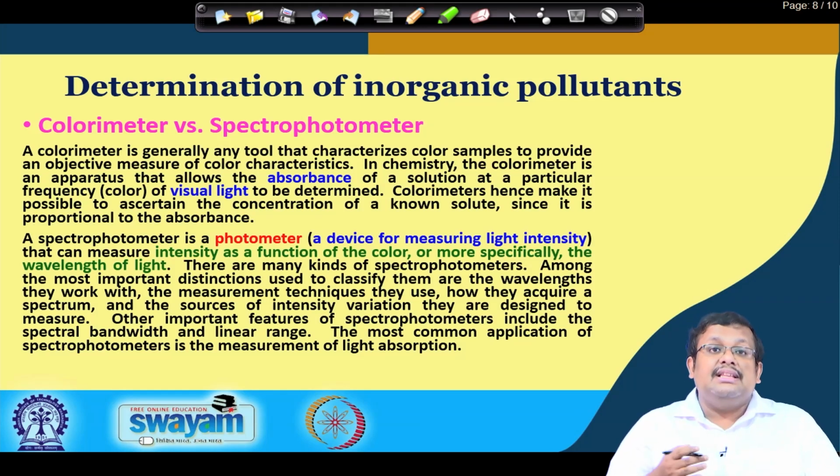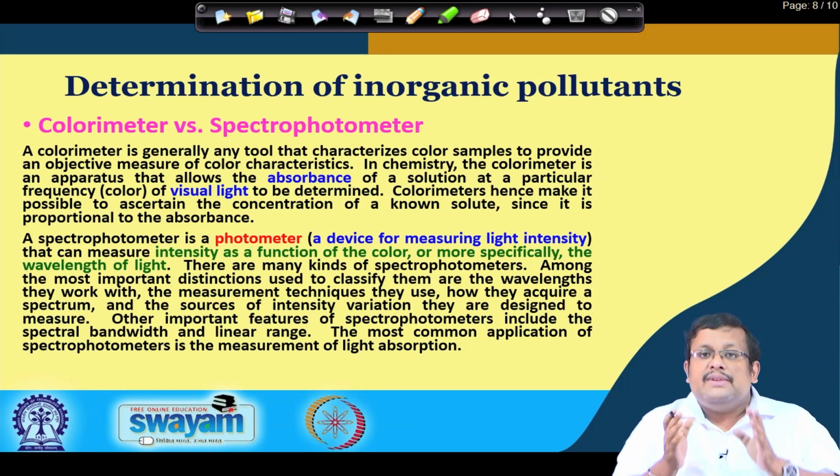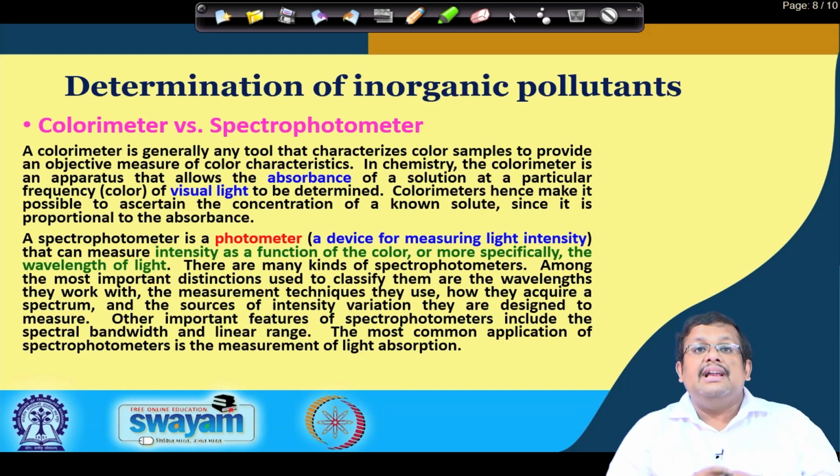In chemistry, the colorimeter is an apparatus that allows the absorbance of a solution to be measured at a particular frequency or color of visible light. So, this is very important. At a particular frequency of visible light, it measures the absorbance by a solution. This is basically the utility of a colorimeter.